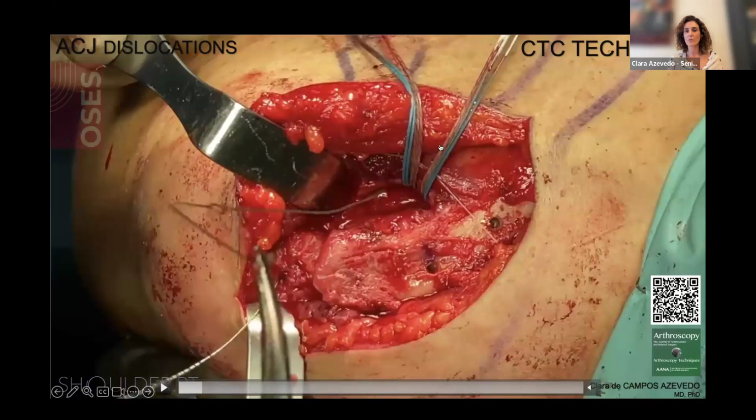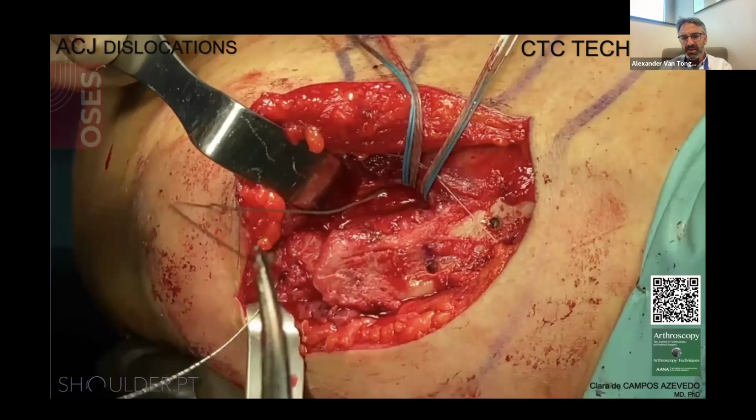So we want one more posteromedial and one more anterolateral. These tunnels are independent from these two tunnels. How do you drill the new tunnels? The distance from the lateral clavicle border to the tunnels?